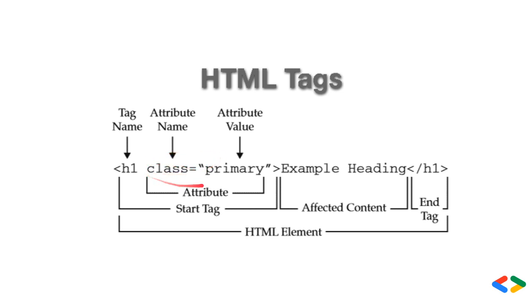Then the attributes that you will come across are majorly class and IDs. So the attributes will help you to particularly pinpoint your data, because ID will be unique to an HTML element, and with classes you can get a set of HTML tags.